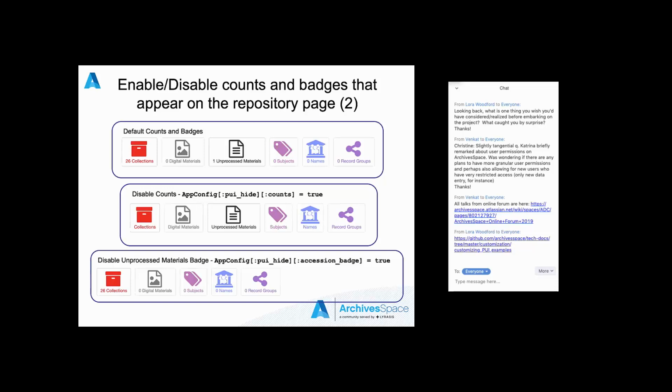And then the final example is my thing about disabling the unprocessed materials badge, kind of in parallel to the navigation toolbar hiding. Basically, if you set the accession badge parameter equal to true, that badge will disappear from the repository page.